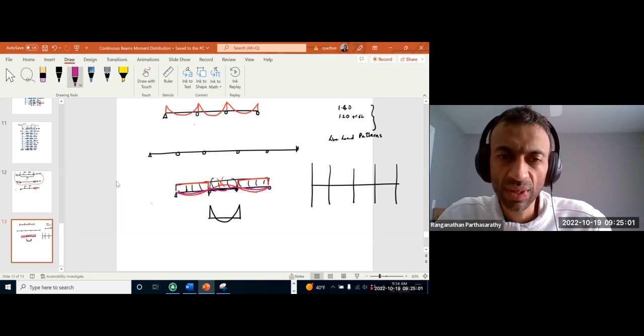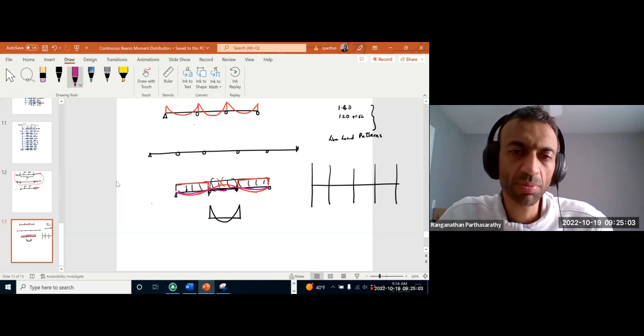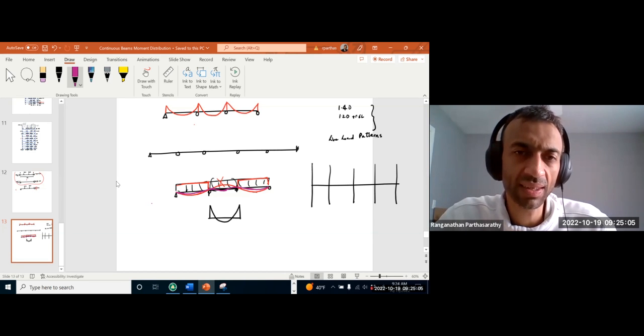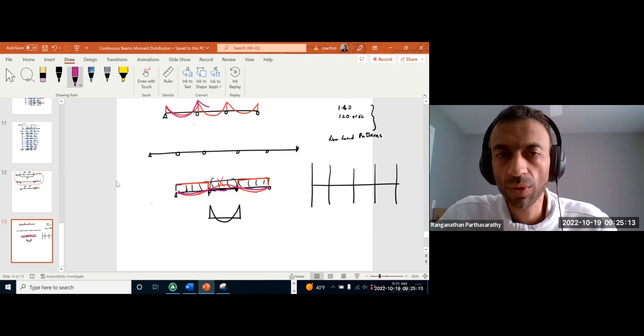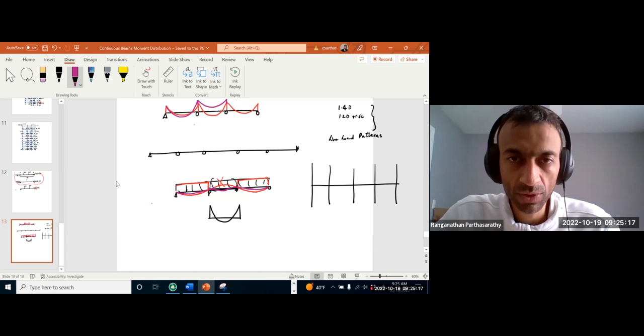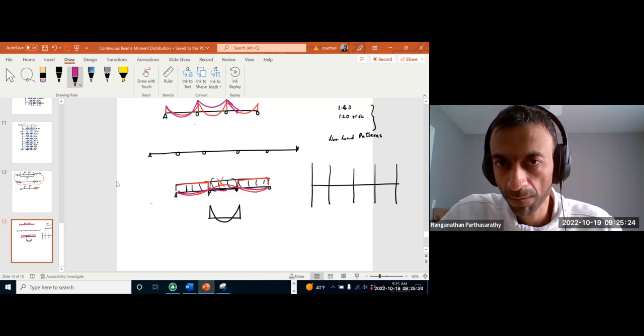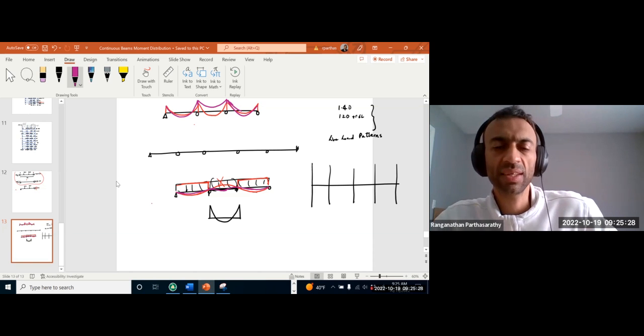But now when you load only these two end spans, it will be something like that. So now you may be maybe something like this, right?